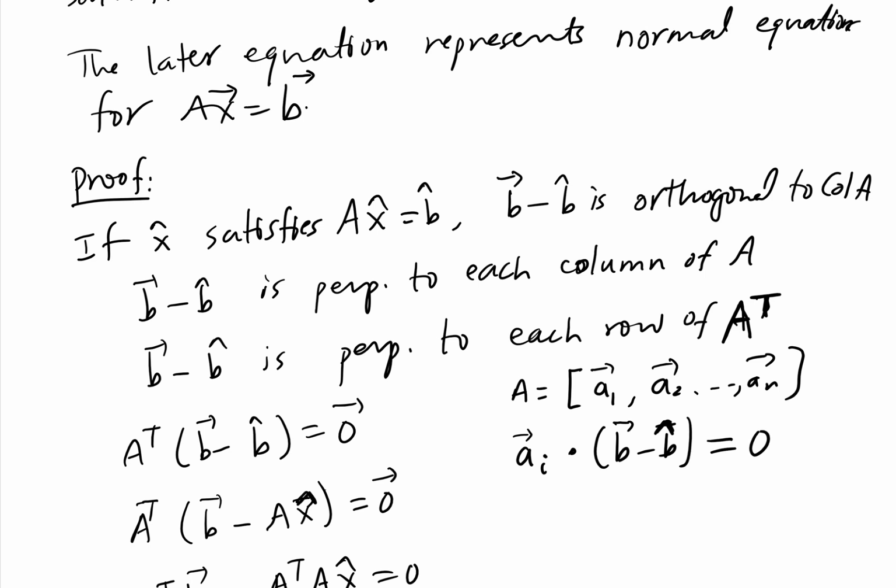Since each one of these is in the column space of A, and b minus b hat is orthogonal to the column space of A. This means b minus b hat is orthogonal to every vector in the column space of A, and therefore the dot product must be 0.